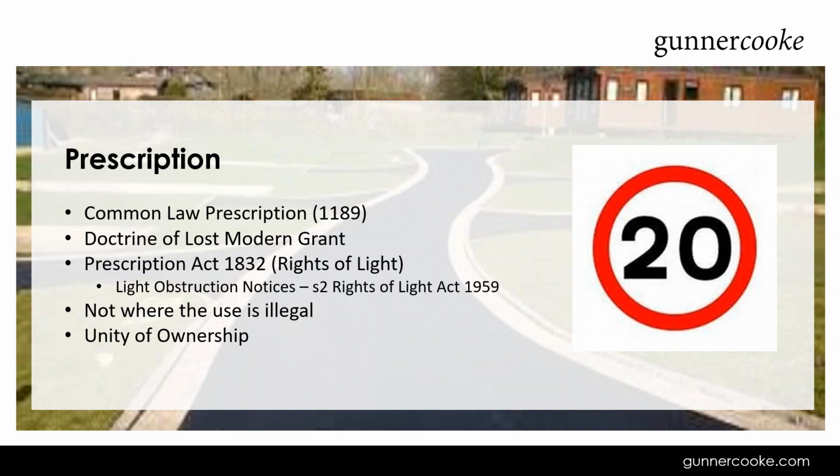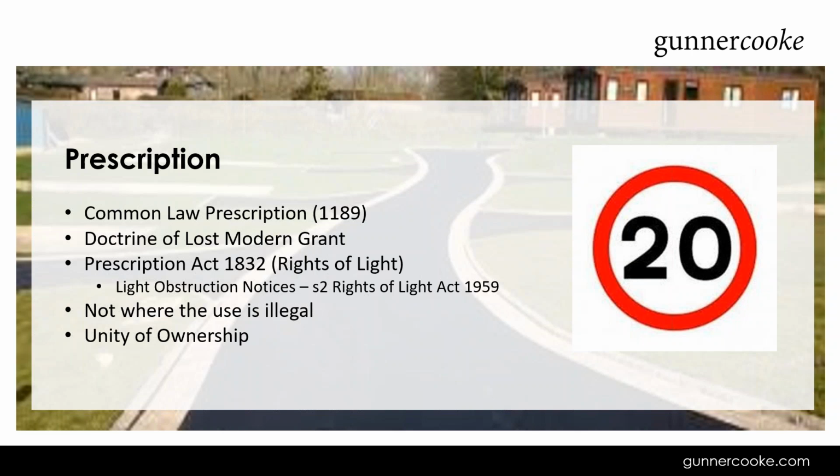So the fact that they've just had light coming into a window of their property is sufficient. And it doesn't assume that the right lies in a grant or even that it was possible for the right of light to be acquired at the time when the easement started. So what it did was it created essentially the basis for the modern law relating to rights of light. So that's why you will still come across the Prescription Act 1832.